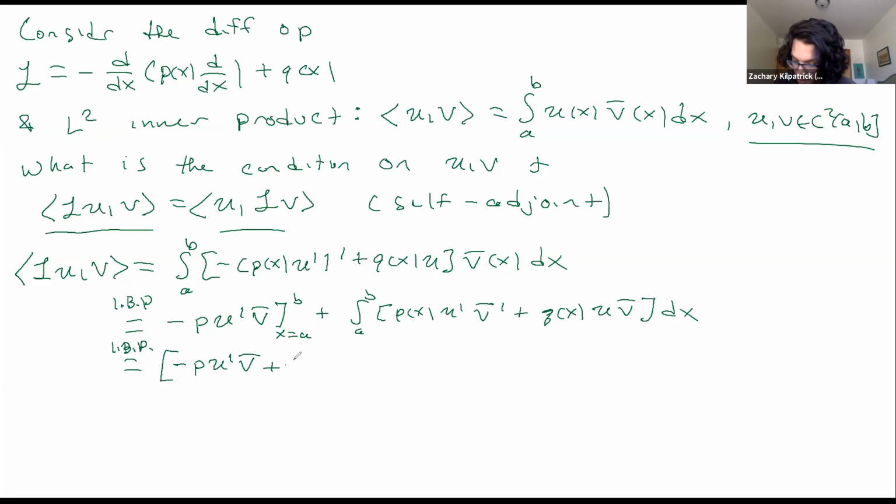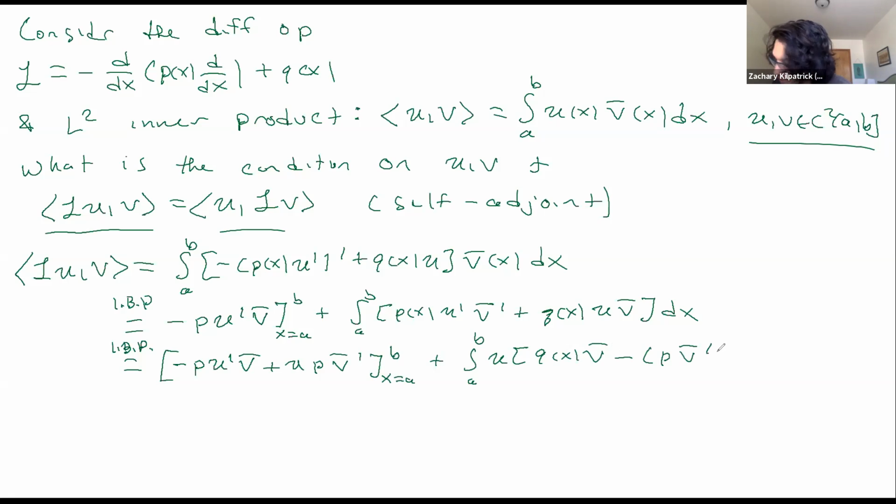So now I'm going to add on u p v conjugate prime evaluated between x equals a and b, plus this integral now, the integral from a to b of u times q of x v conjugate minus p v conjugate prime, prime, integrated with respect to dx.